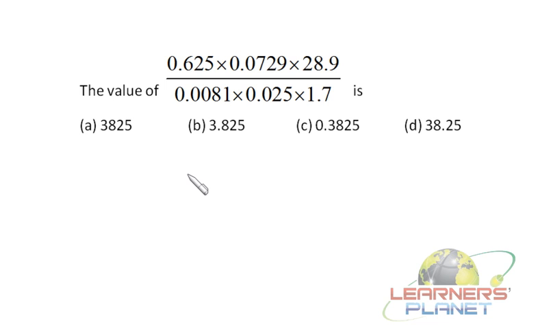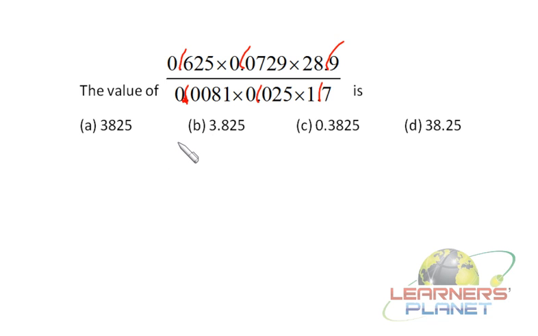now see this problem. Here it is 0.625, 0.0729 into 28.9. Let's cancel all the decimals. Here there are 4 digits after decimals, so I just cancel it from this and this to this and this to this. Now I'm left with pure numbers, that is whole numbers. The answer must be 3825.